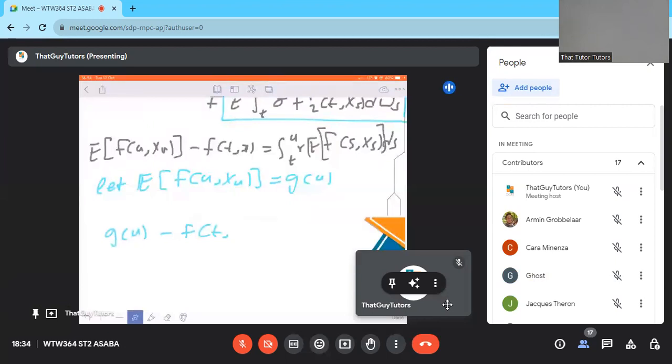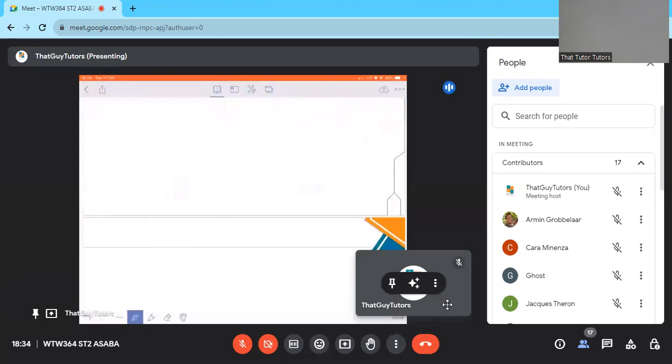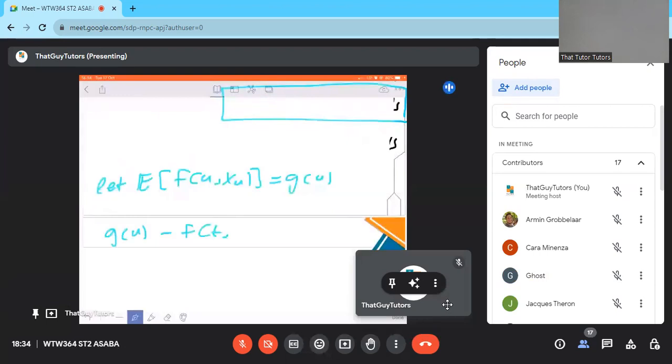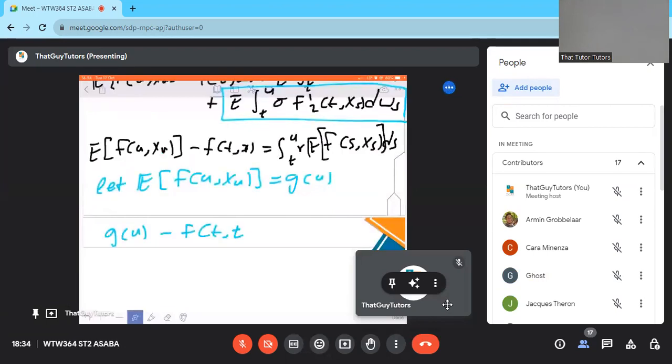So you would have your x, and the integral from t to u of r times g of s ds. You are going to differentiate with respect to u.